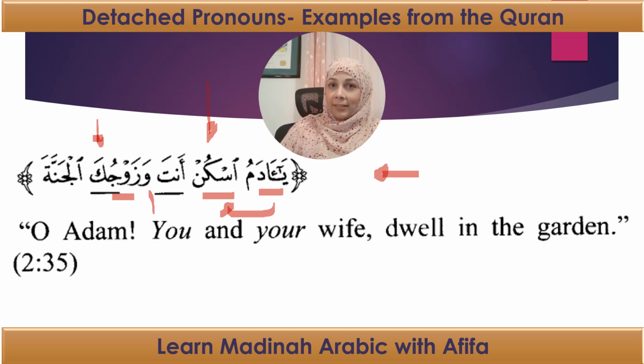Inshallah, future lesson coming up soon on this. But this anta, when it becomes attached, it becomes ka. It is the masculine you. So it becomes your. So it is your wife, zawjuka. Al-jannata. Is this definite or indefinite? It is definite. Why? Because of the al in front of it, right? So Allah is saying, O Adam, you and your wife dwell in the garden.